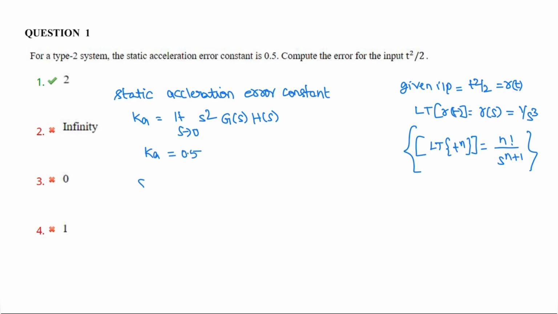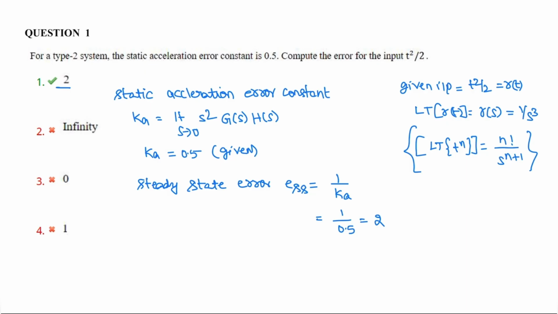So from the given static acceleration error constant, the steady state error ESS is 1 by Ka, so that is 1 by 0.5. Its value is 2. Steady state error is 2.